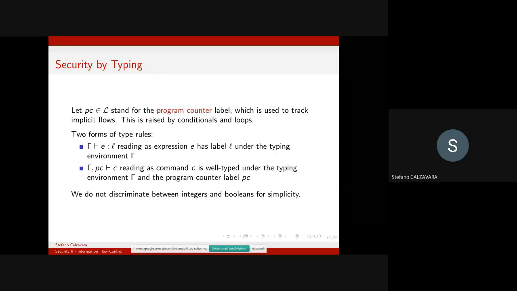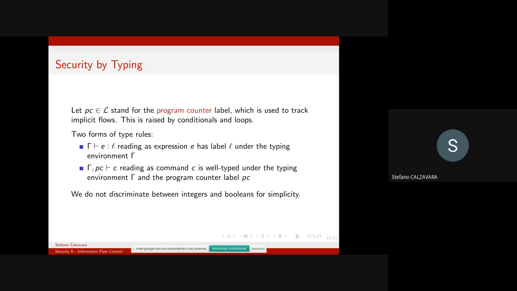In particular, we discussed yesterday that in the case of IMP, we had some programs which we didn't like. The programs we didn't like were programs which were using variables with the wrong type. For instance, we had programs where we stored some integer inside a variable, and then we were branching over the content of that variable, which is ill-typed.